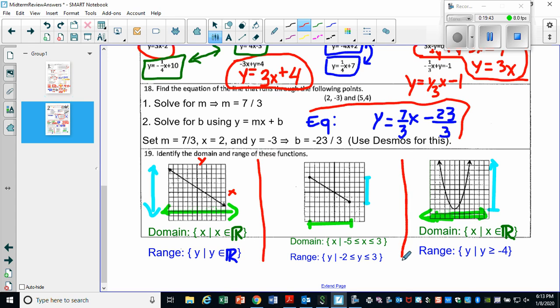Now for the second graph, unlike the first graph, it starts and stops. So notice your domain starts at negative 1, 2, 3, 4, negative 5. And it ends at positive 1, 2, 3. And if you range, start from the bottom. So you went 1, 2. So you went down to -2.